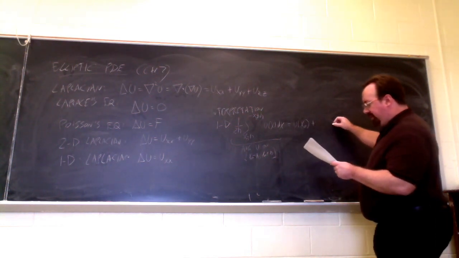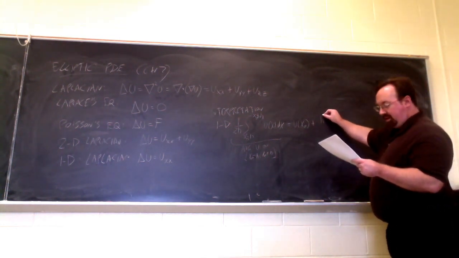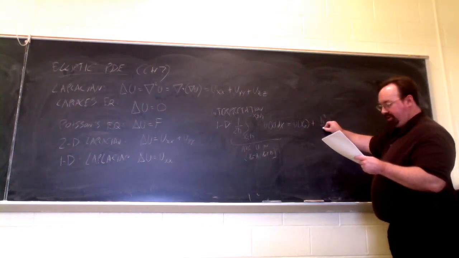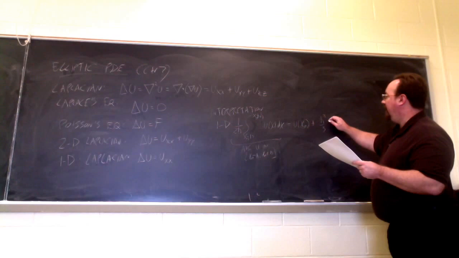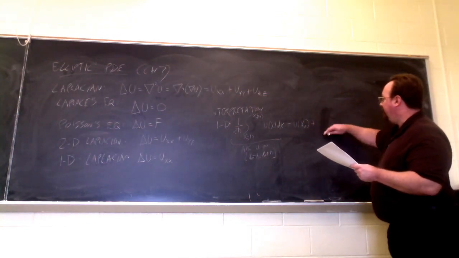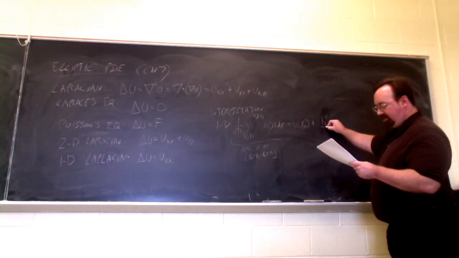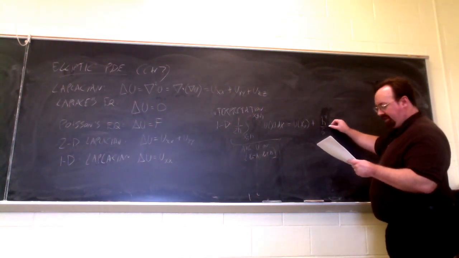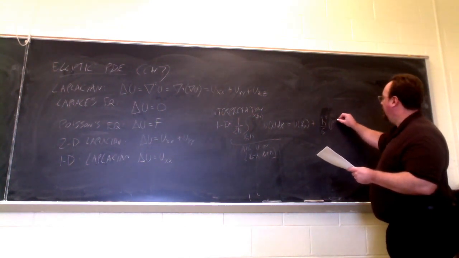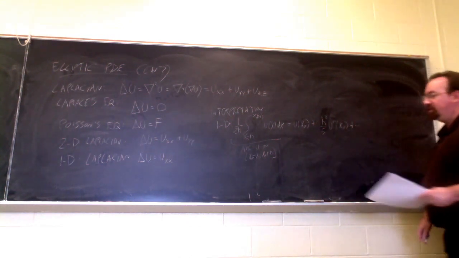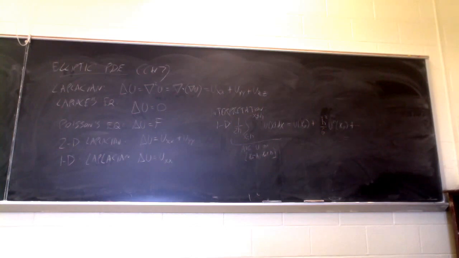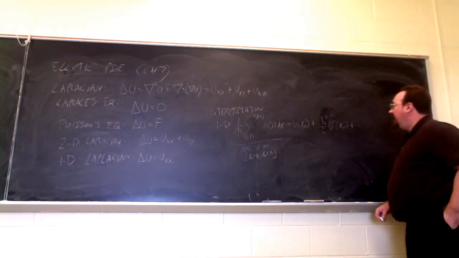plus h cubed. Actually, I need to divide this by 2h, so h squared over 6 u double prime at x naught, plus other terms that are higher powers of h and therefore relatively negligible.